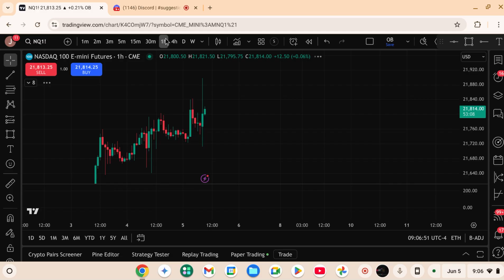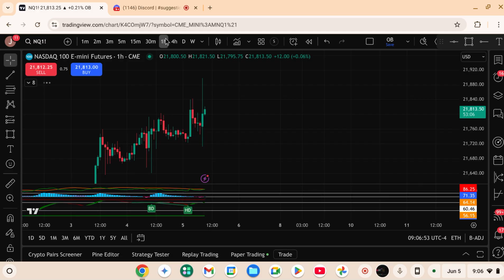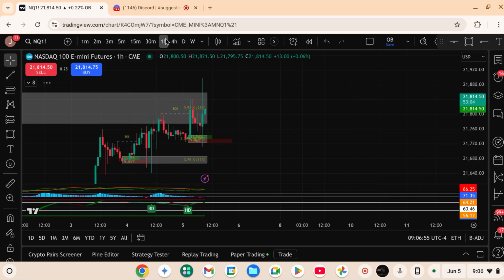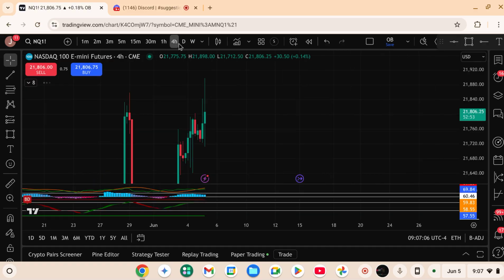Let's see what the 1 hour looks like. No, NQ looks choppy.